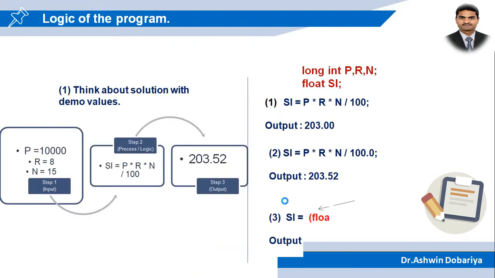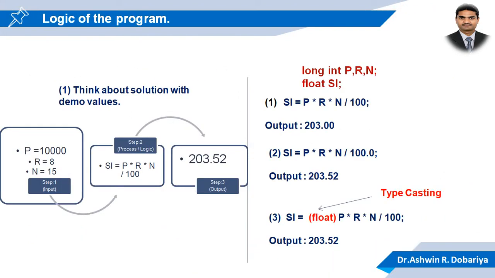Let's discuss the logic of this program. For the logic, let me take a demo value. Suppose you want a 10,000 loan from a bank, the rate of interest is 8, and the number of years is 15. What is the interest that you have to pay on this loan?